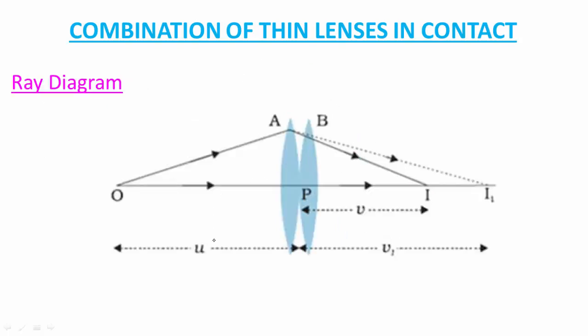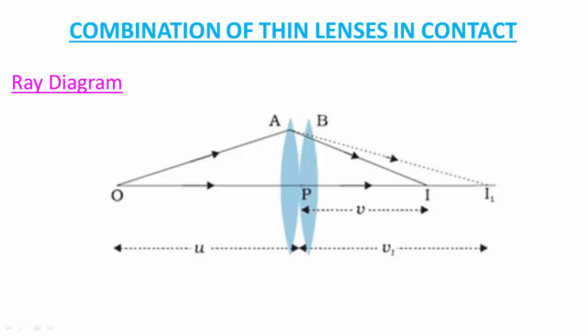Then what is this U? We know that U indicates object distance. Object distance means the distance between optic center and object. But here we consider two lenses coaxially in contact, so we take object distance from the point P, the center of the two lenses.